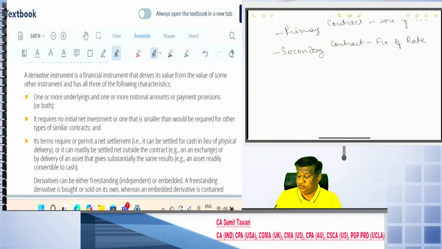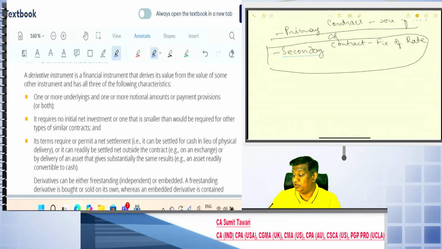Why are we saying derivative? The second contract is derived from the primary contract. If the primary contract is exhausted, there is no meaning to the secondary contract. If there is no requirement for sale and purchase of the aluminum, what is the meaning of the rate fixation contract? The secondary contract always depends on the primary contract, so we consider it a derivative.